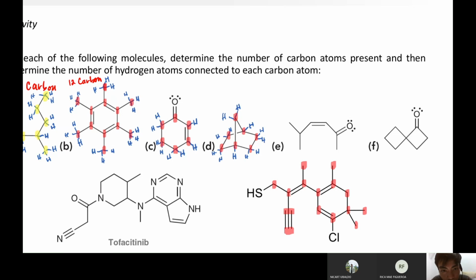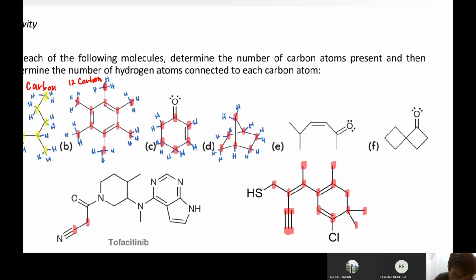Ayan. So, 1, 1. Ilang carbon? 1, 2, 3, 4, 5, 6, 7, 8, 9, 10, 11, 12, 13, 14. Highlight ko yung carbon na.